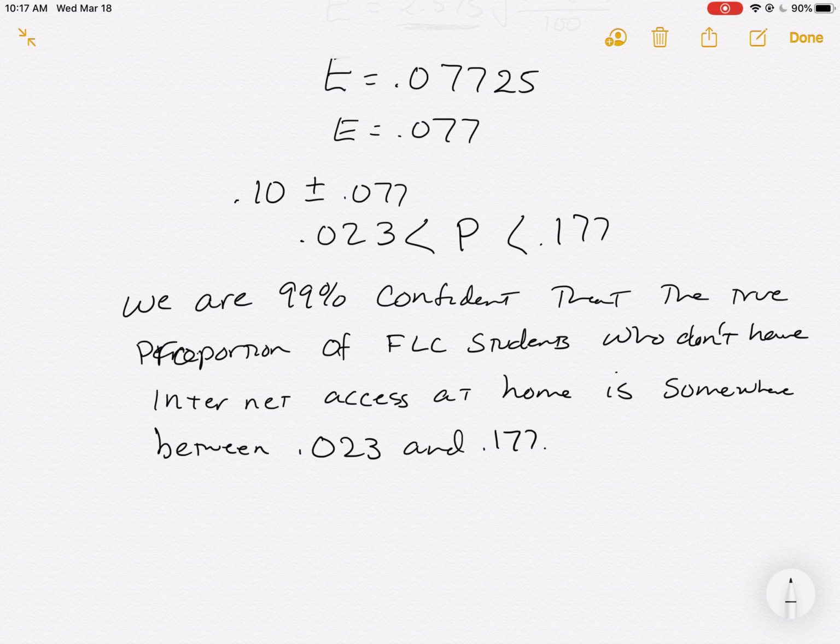You could put those as percentages as well, but I chose to just use the word proportion, and so I should technically then put them out to be decimals.